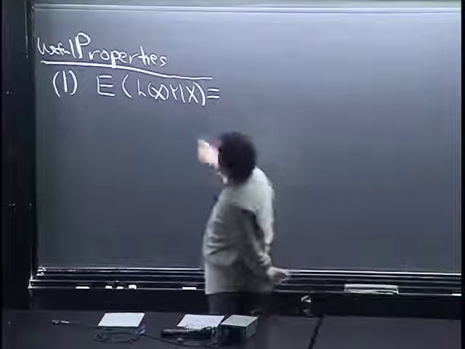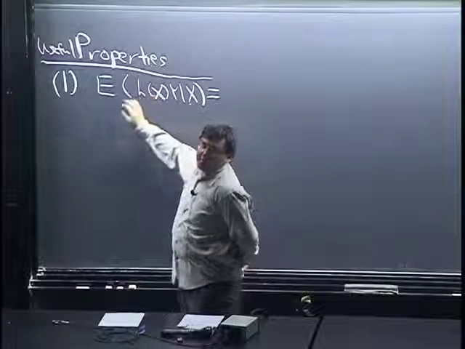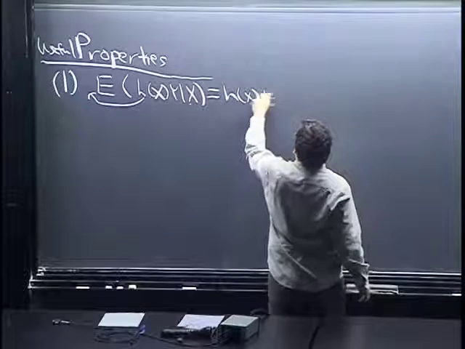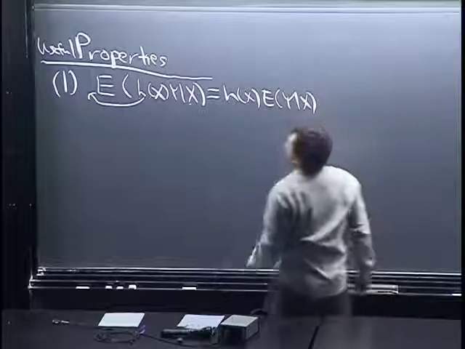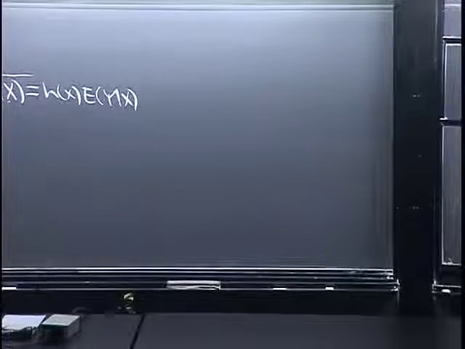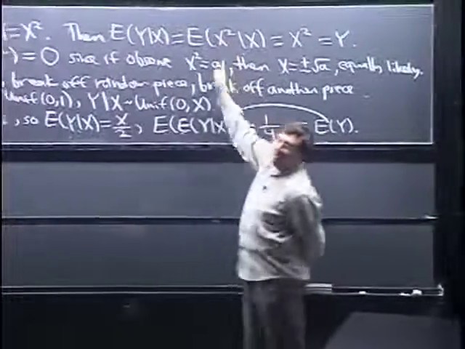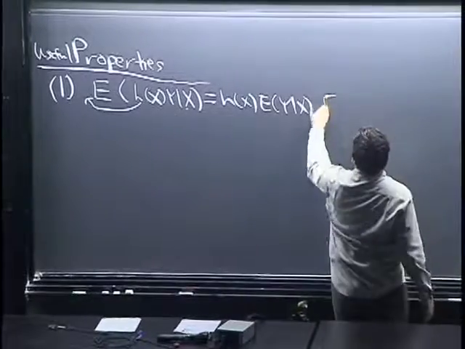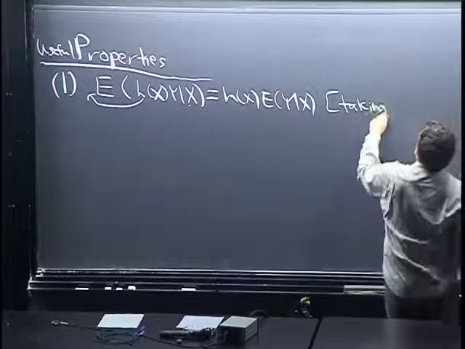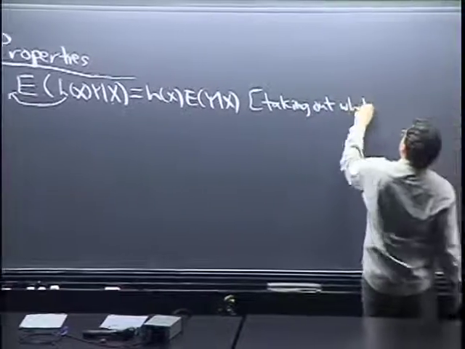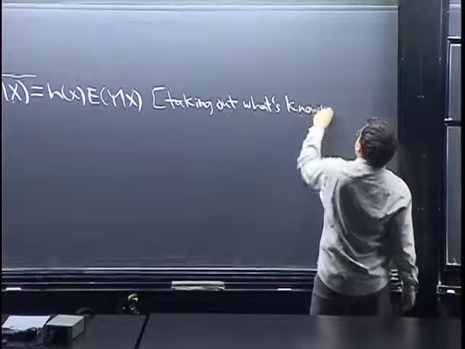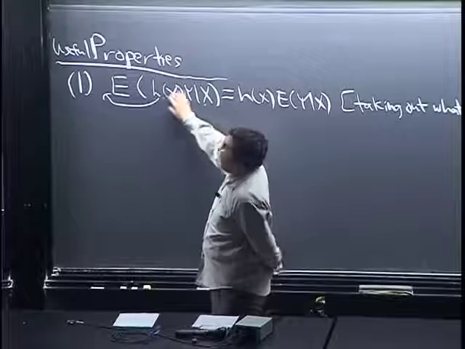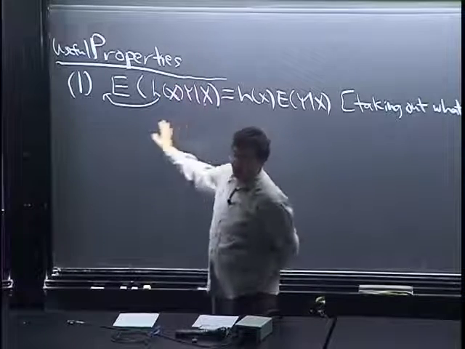It's a function of X. We're treating X as known, so we know h of X, so we can take it out because we're treating it as a constant. So that just becomes h of X times E of Y given X. So that's really what we implicitly were doing up here. I just took out the x squared, and we're left with a 1 inside. The expected value of 1, given anything, is 1, because it's always 1. Okay? So that's called taking out what's known. So we use that a lot to simplify, when we see a function of X there, and we're conditioning on X, we can take it out.